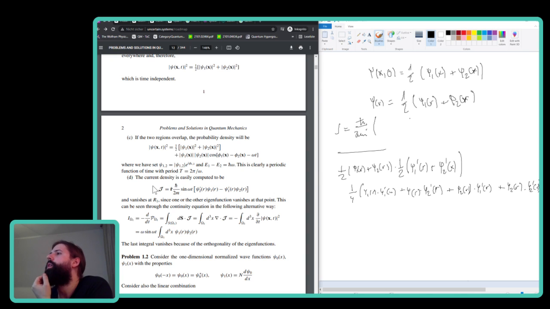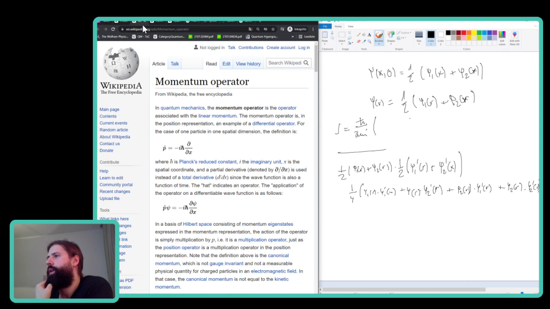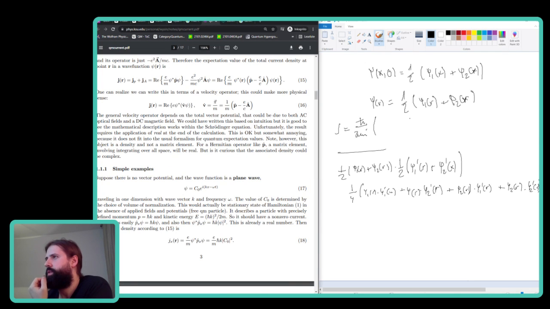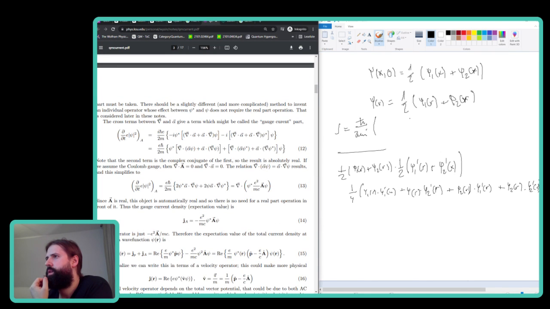The current density can be computed to be these. Like, how do I even get there? But let's recap for a second. I'm happy that at least I opened up these.